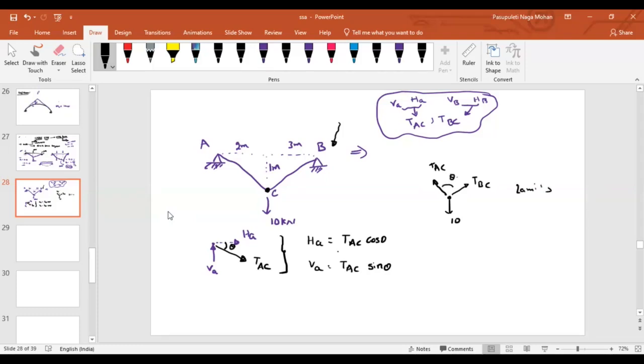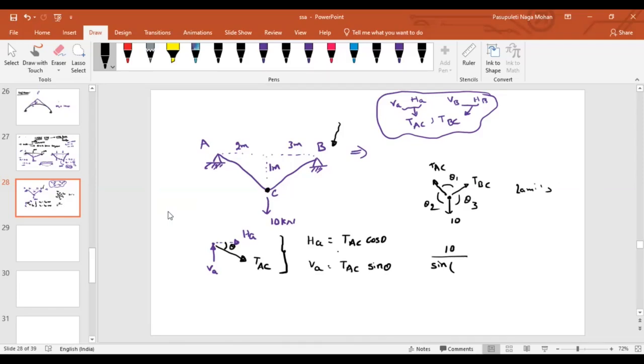Let us assume these are angles theta 1, theta 2, theta 3. Can you tell me, according to Lami's theorem or the sine rule, what can I write down here? Have you forgotten Lami's rule? I think I have discussed this with you. What is the sin if I am taking 10 divided by what I have to take?